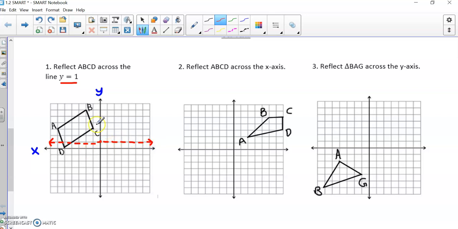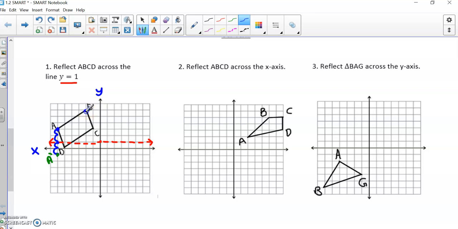we're going to go ahead and mirror all the points over to the other side as we need to. So we'll start with point A. This point is 1, 2 units away from the line of reflection. So we're just going to keep going straight down in the opposite direction, another 2 points, and that's going to be my new reflected image. Okay, and this is going to be A prime, because it's our new A point.